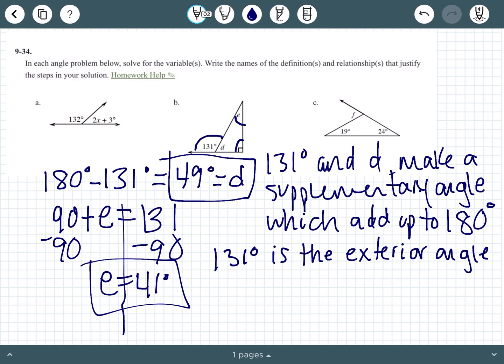And E plus the right angle, now these are the remote interior angles that we're talking about.